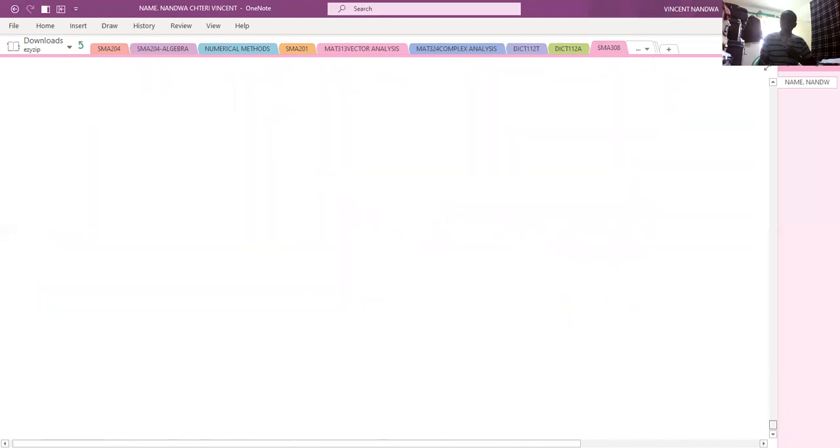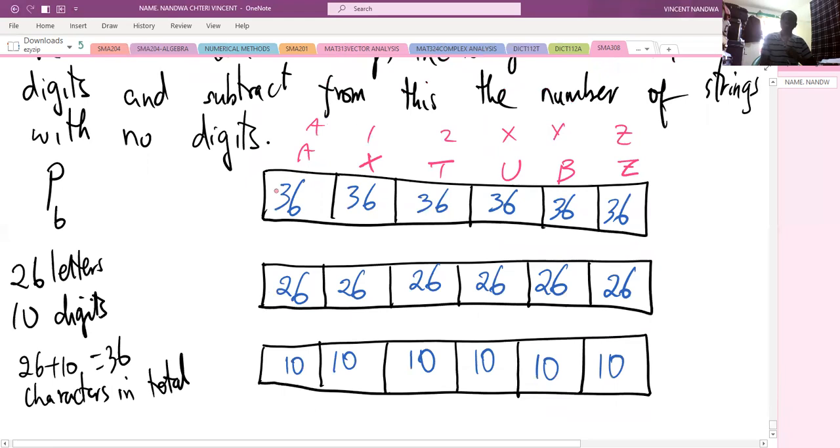So though with these 6 options for each, this one can be a possibility, but from the condition given, we don't want such things. Though this one is fine, because at least we can see a digit.